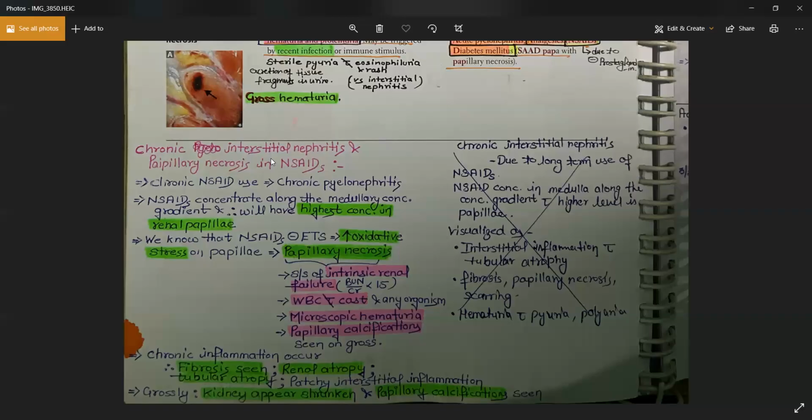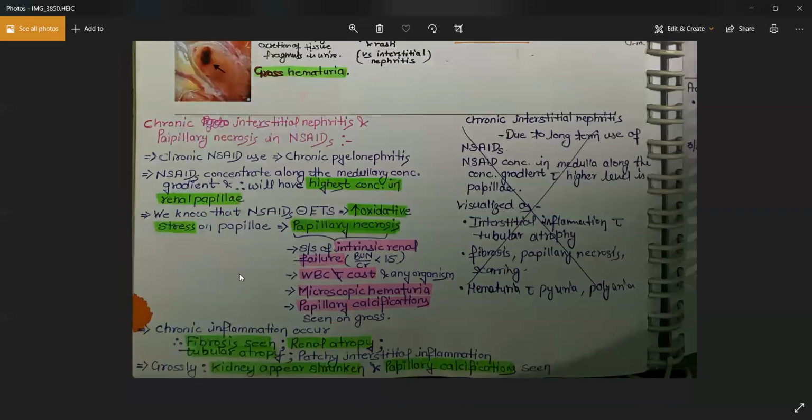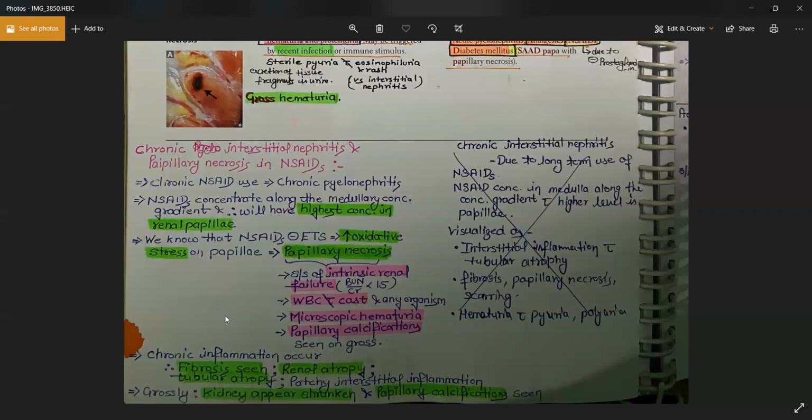So what other things will you see? Signs and symptoms of chronic inflammation: fibrosis, renal atrophy, tubular atrophy, and patchy interstitial inflammation will be seen. Grossly, because of this atrophy, the kidney will appear very shrunken. Papillary calcifications will also be seen. So whenever you encounter a patient having a history of chronic NSAID use for more than 6 months, think that the patient can have chronic interstitial nephritis.